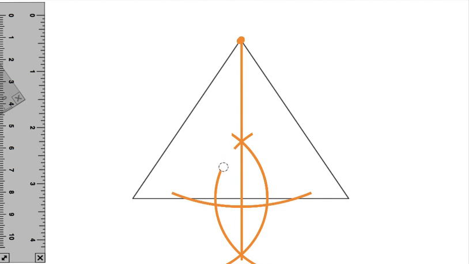I'm going to leave those intersection points. I'm going to leave the line segment. But other than that, I'm going to try to take away the other lines so that they don't get in the way of my other altitudes.